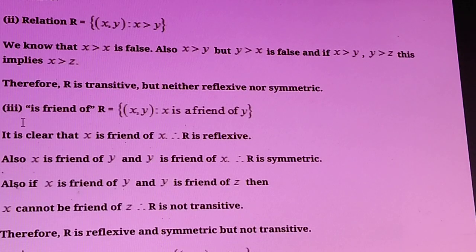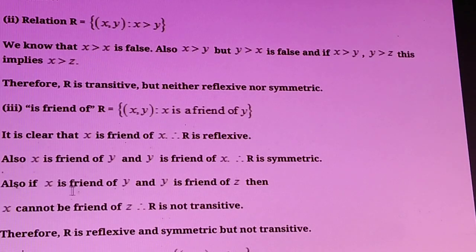To verify the third one, is a friend of. So R is equal to (x, y) such that x is a friend of y. It is clear that x is a friend of x. Therefore R is reflexive. If x is a friend of y then y is a friend of x. Again R is symmetric.